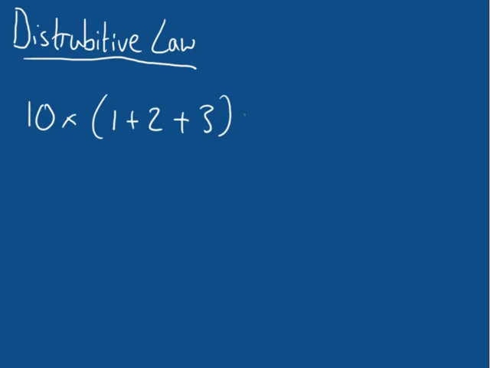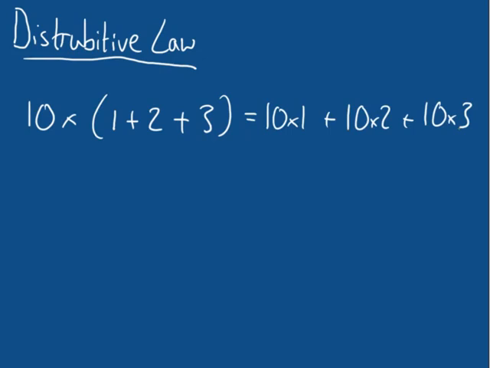This is the same as taking that number, multiplying it by each individual element, and then adding together those smaller results. So it's the same as saying 10 times 1 plus 10 times 2 plus 10 times 3.